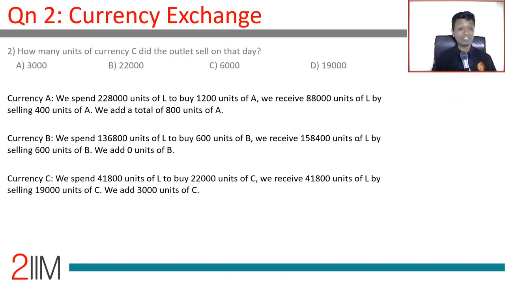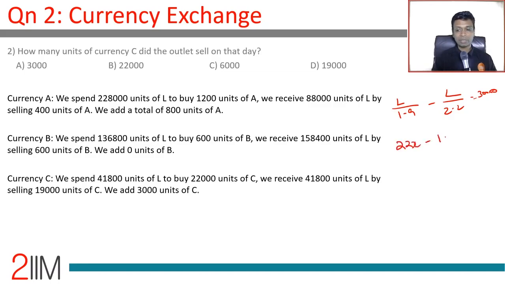How many units of currency C did the outlet sell on that day? It's a very interesting question. It can be done in myriad ways. The number of L used is the same. So L by 1.9 minus L by 2.2 is 3000. These two numbers are in the ratio 22:19, opposite of the reciprocals.